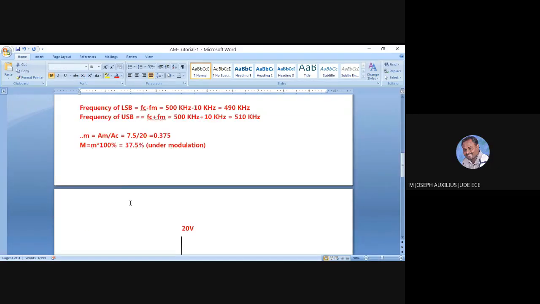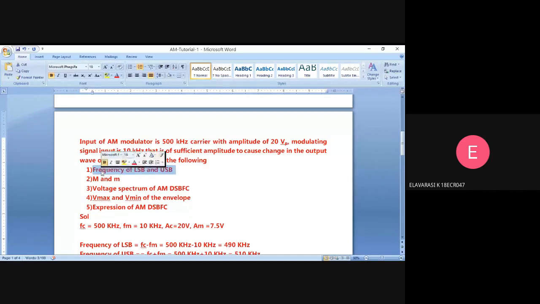Now we have found out the first one, the second one, and the last one.